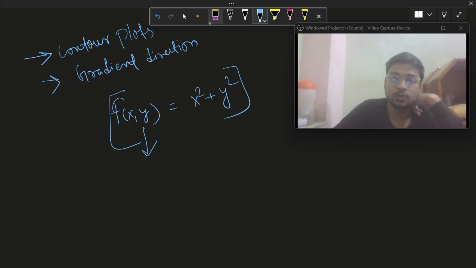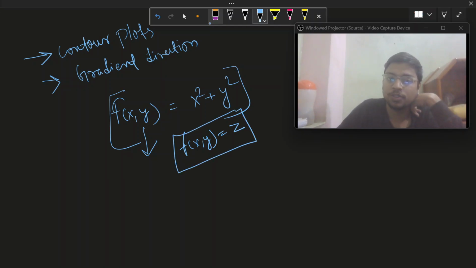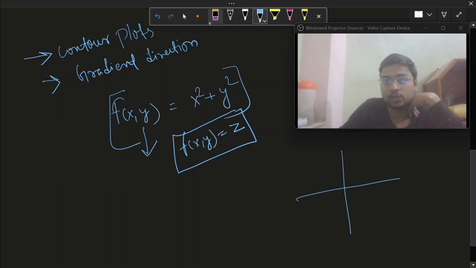So f(x, y) is equal to z, the value of x square plus y square, and we make the plots like x square plus y square.